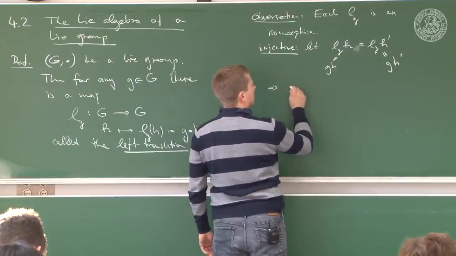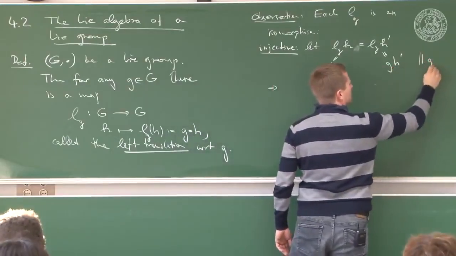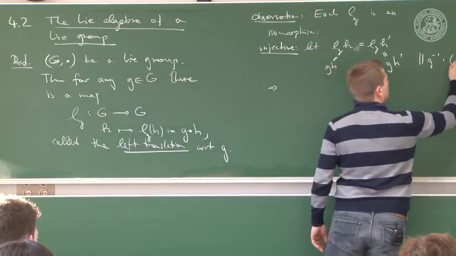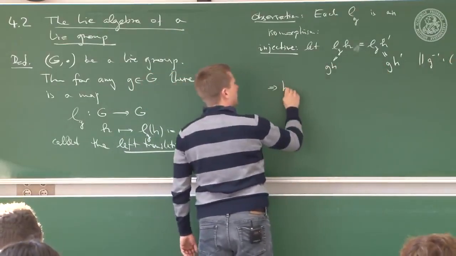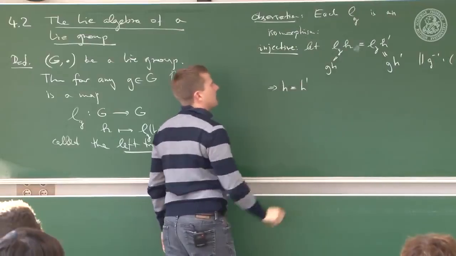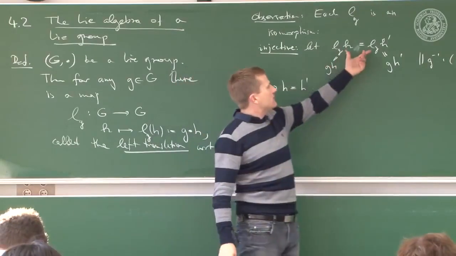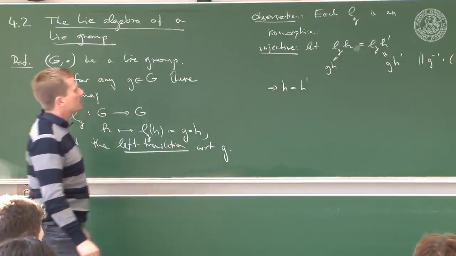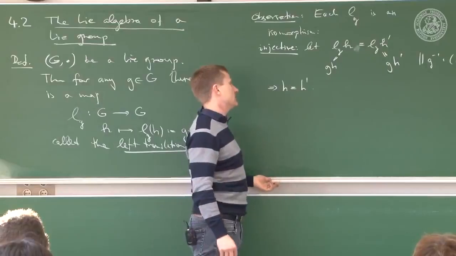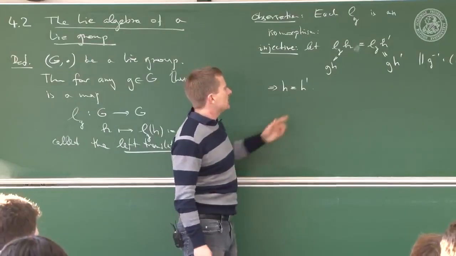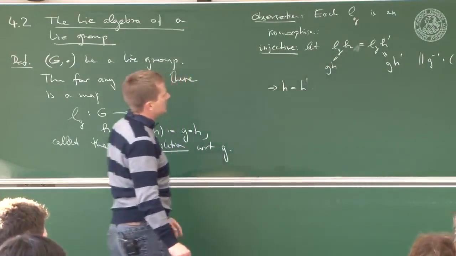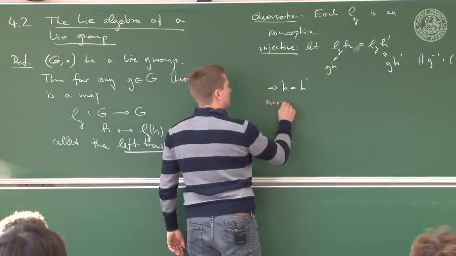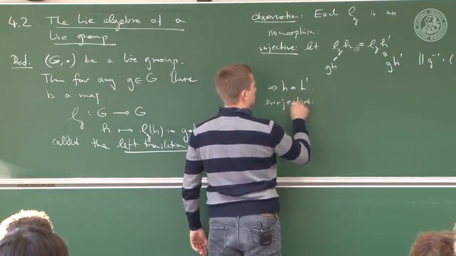Therefore, if you wish, on both sides you can come from the left by the inverse, and you find H is H prime. So if the images coincide, and it then already follows that the points at which the map was applied coincide, then the map is injective. Now, why is the map surjective?